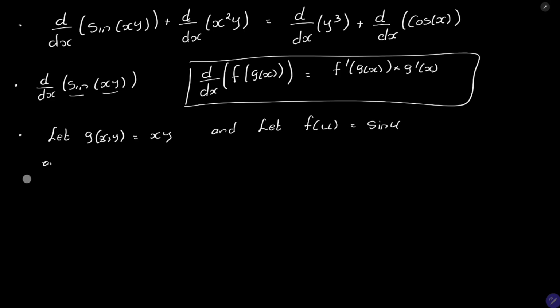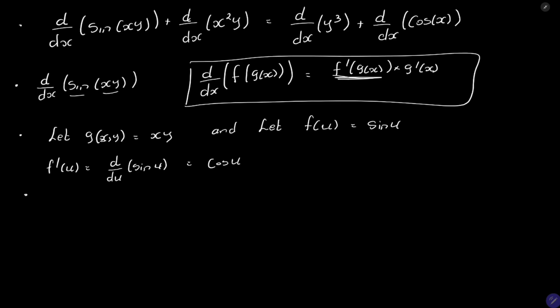We're going to start by finding f prime of u. F prime of u is equal to the derivative with respect to u of sin u, which gives us, recalling the video on the derivative of trigonometric functions, cos u.